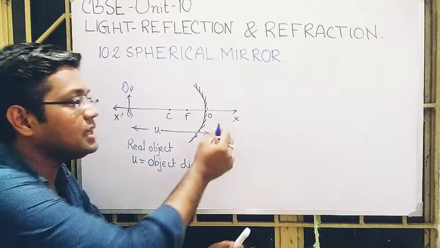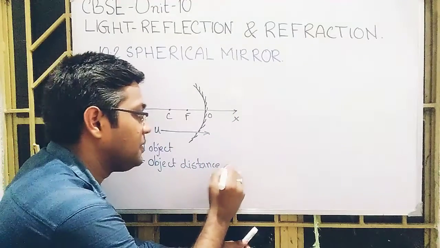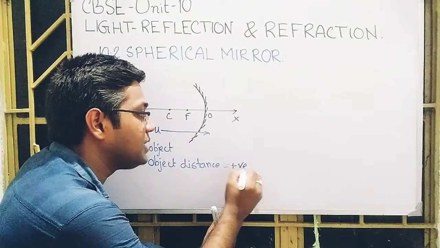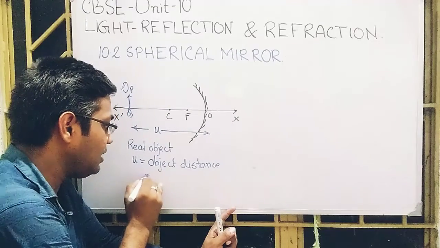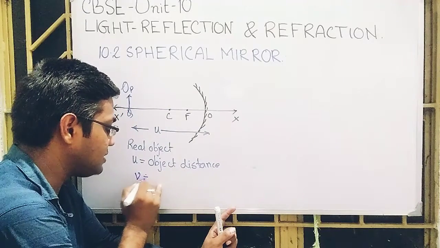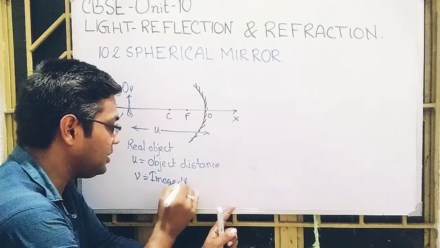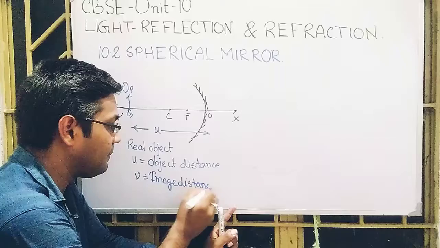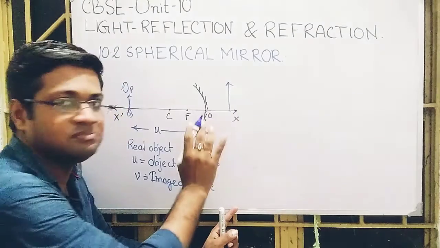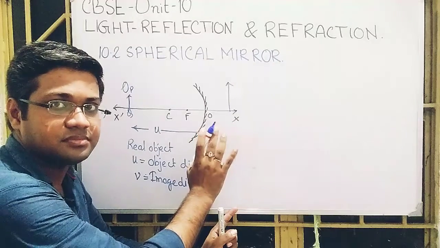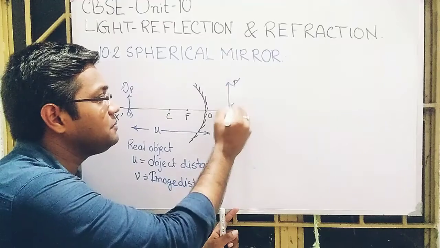If the image is formed on the right side, that is the virtual image, and for it we also define the image distance, noted as V. Say the virtual image is somehow formed here, and we name it P prime Q prime.